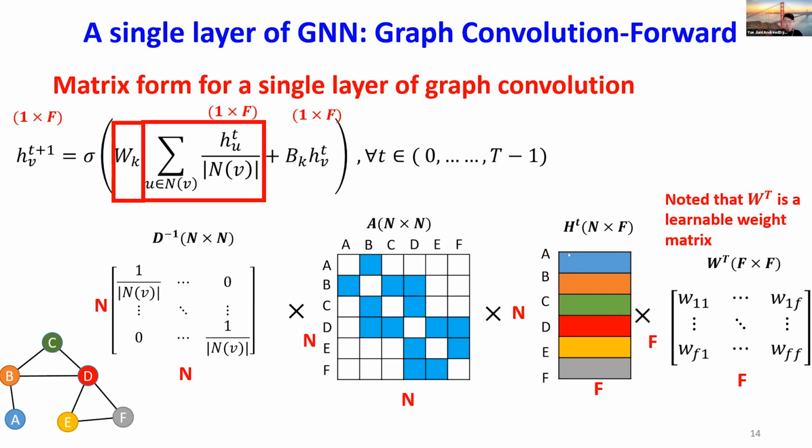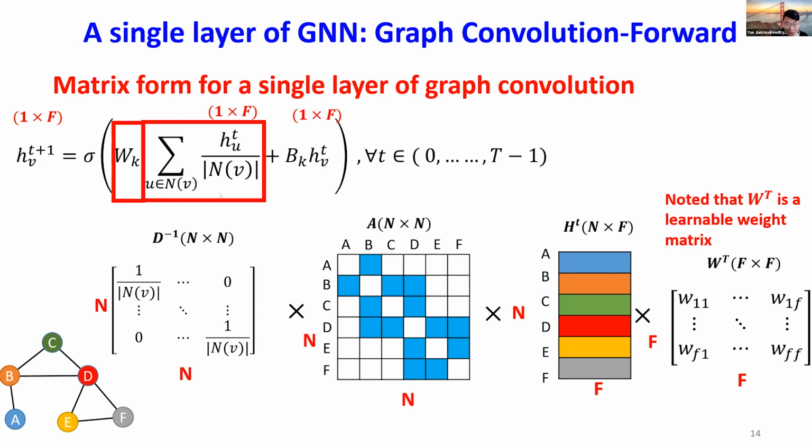So we need to make sure that after all of the operations, the product matrix will still have the shape of n by f. We can check that: the adjacency matrix has a shape of n by n, and the normalizing matrix also has a shape of n by n.